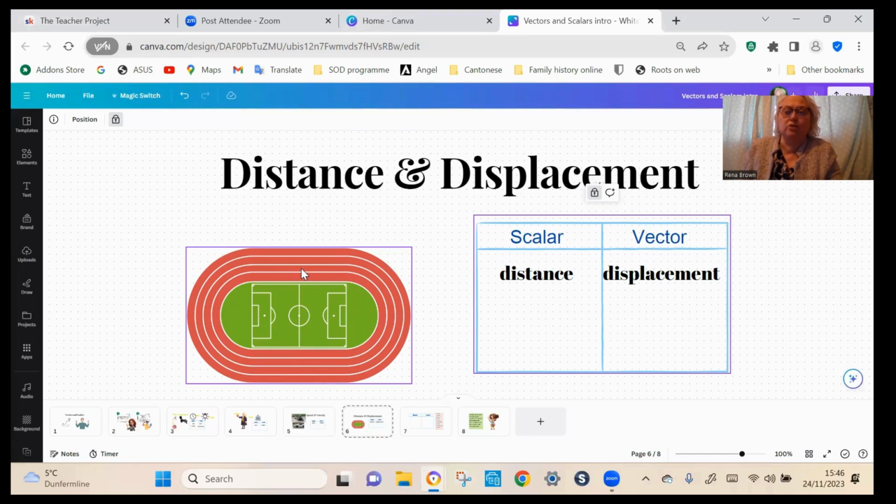This time, what is your direction? North. You've traveled from here to here, north. Yes, you didn't actually run north, but you've gone from here all the way around to here. So as the crow flies in a straight line from start to finish, you have gone north. Okay.